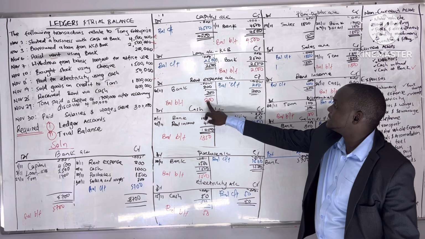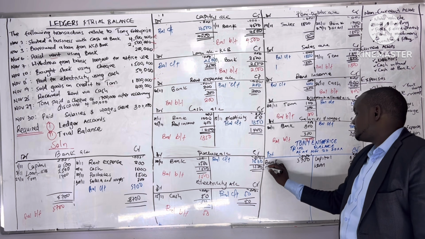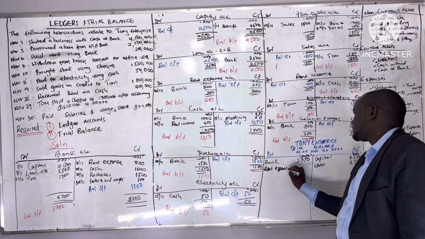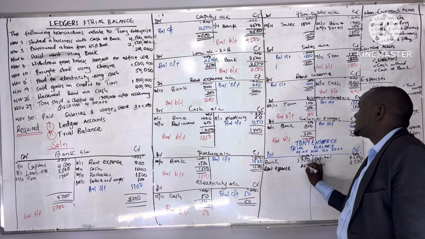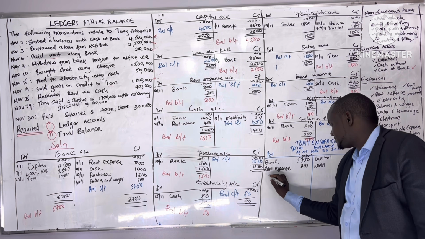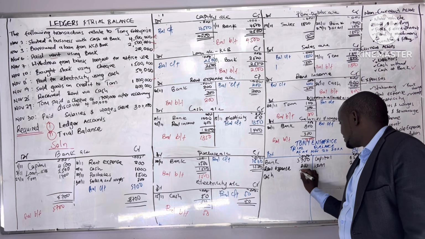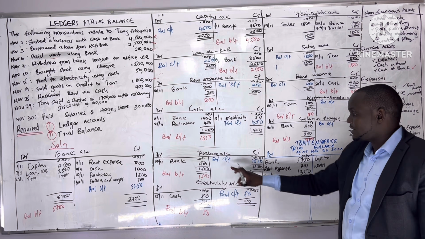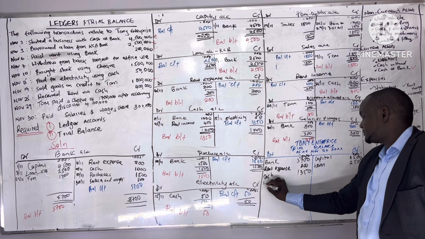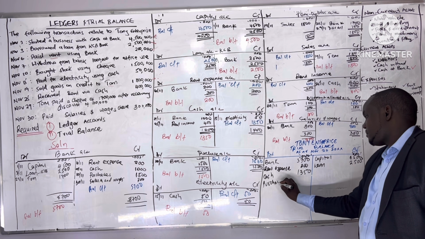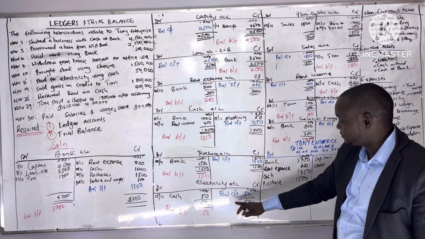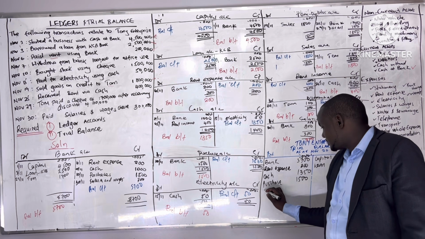We have rent, 200. It's on the debit. Rent expense is 200. We have cash on the debit. Cash is 1,350. We have purchases on the debit, 1,500. We have electricity on the debit.